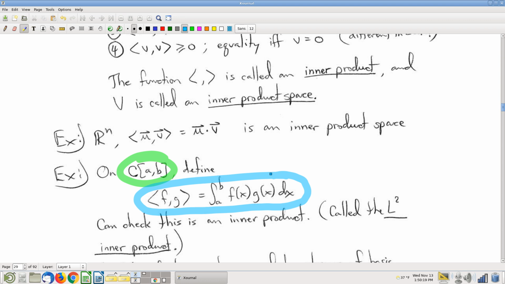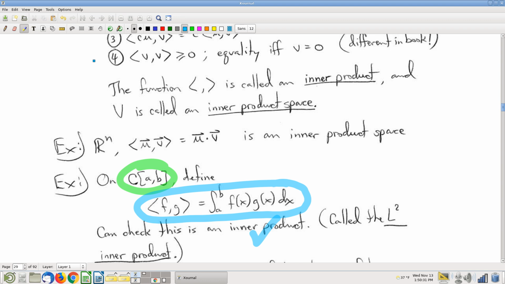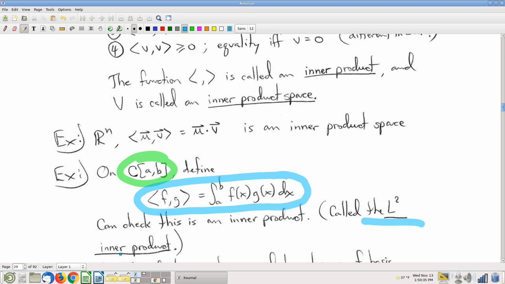So this is an inner product. So this satisfies these four properties up here. This is an important inner product. Let me go back down here. So this is called the L2 inner product. We're not positioned for me to be able to tell you where that name comes from. There's a very natural reason to call this the L2 inner product. But anyway, so y'all just need to know that name, and you don't need to know the context.